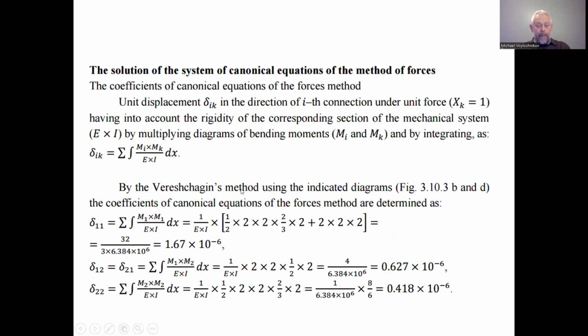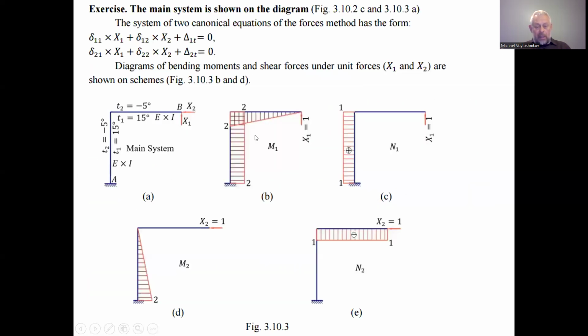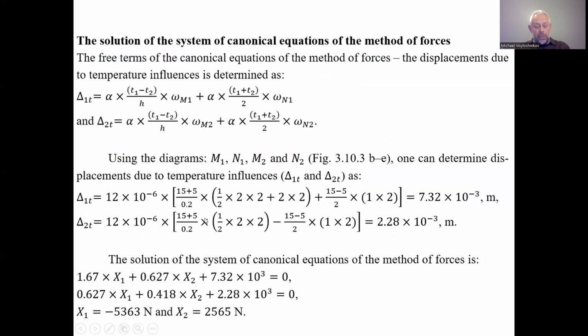So the free term is the displacement of the mechanical system in the force direction at point B. The force direction is the upward direction at point B, and under the action of the temperature, the factor alpha is the coefficient of linear temperature expansion.